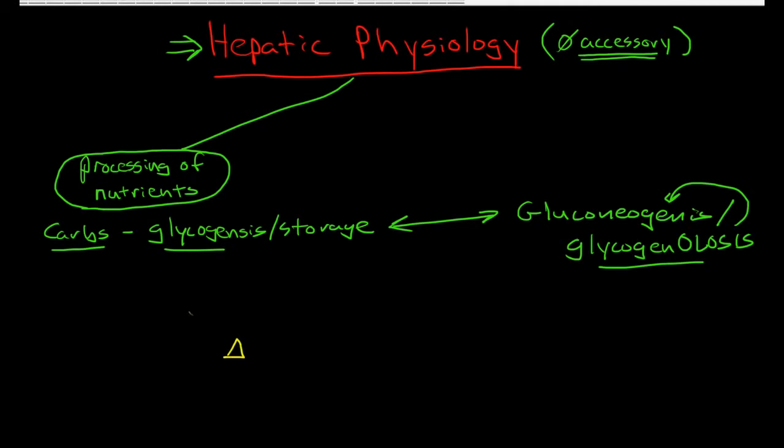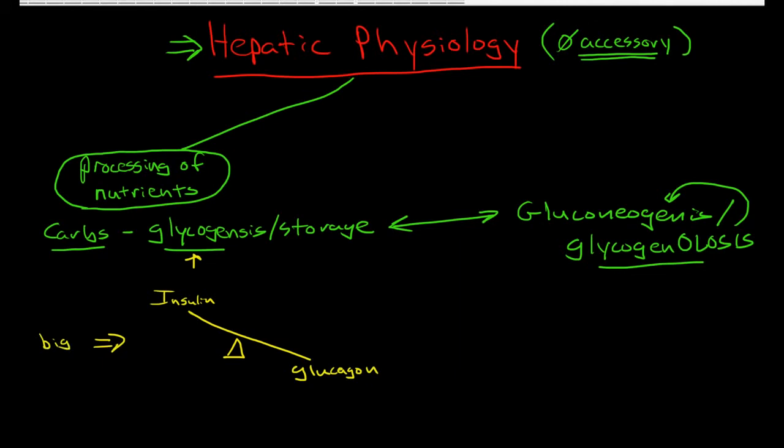So if you think about when we are in a state where we are making glycogen, we have a lot of insulin and not very much glucagon. So when does this happen? Well, this happens right after a big meal, right?